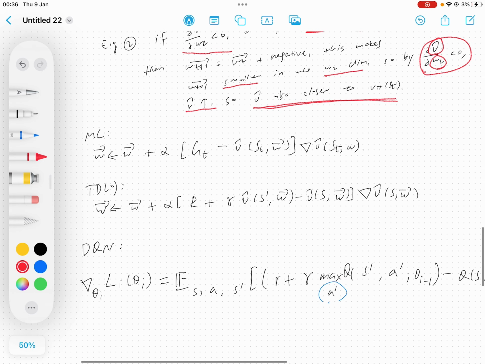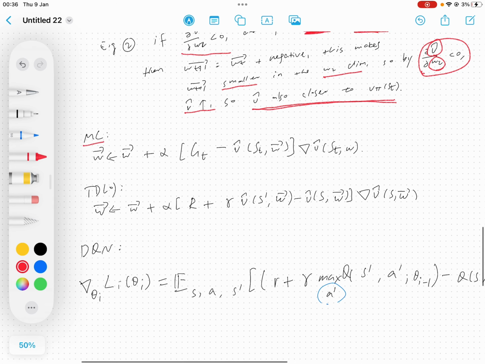And now, in the last part, let's see some examples from the previous algorithms that we saw earlier, and how we use those gradients to update the weights. For example, in Monte Carlo, we just update W by alpha times G_t minus V hat of s_t and W, multiplied by the gradient here.